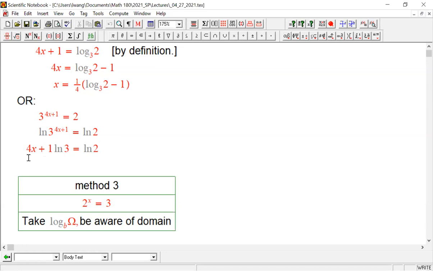I just made a mistake. I applied the power rule on both sides, and on the left-hand side, if I write it like this, I have made a mistake. Can anybody tell me what mistake I made?